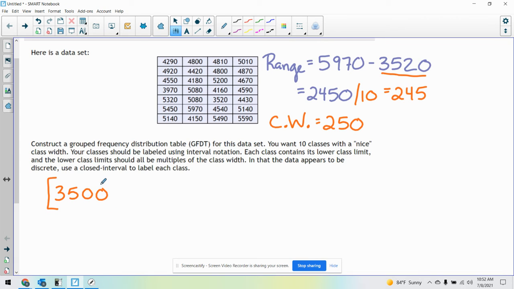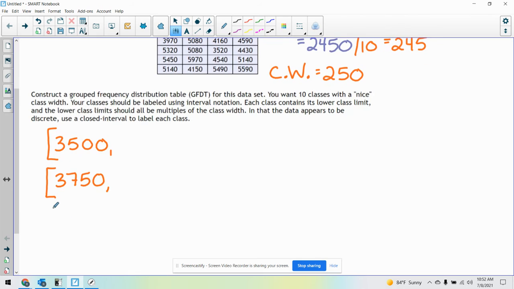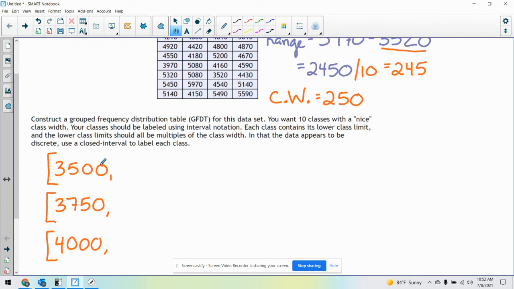Now, if the class width is 250 and I start at 3,500, that means the next class is going to be 3,750, and the next class will be 4,000, and so on and so forth. So if this class starts at 3,500 and goes to 3,750, that means it should go up to 3,749, right? Which might have been what you had.